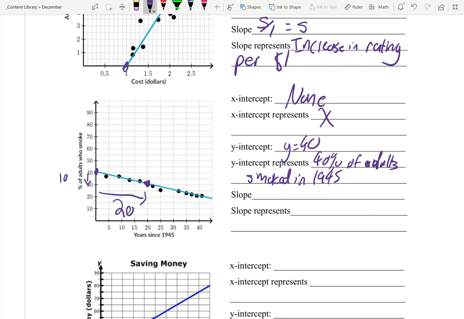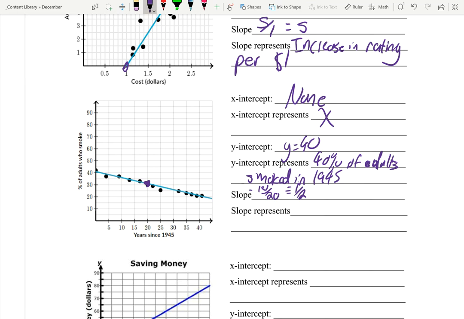So our slope, if you reduce that 10 over 20, could be 1/2. Or essentially what it represents is that the percent of adults that smoke is going down, a negative slope, decreases by 0.5% per year.